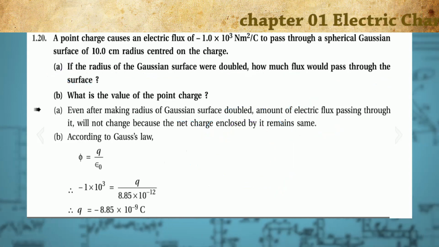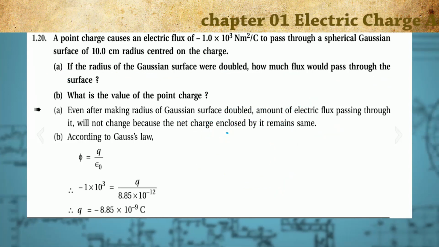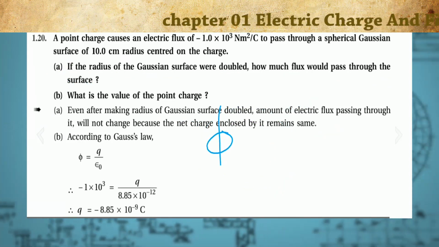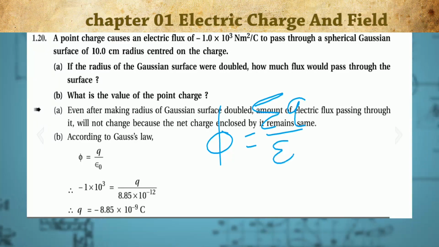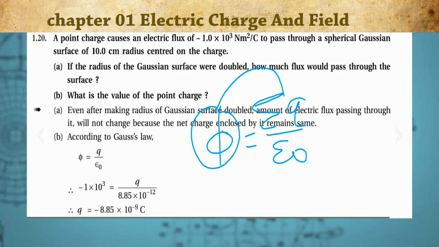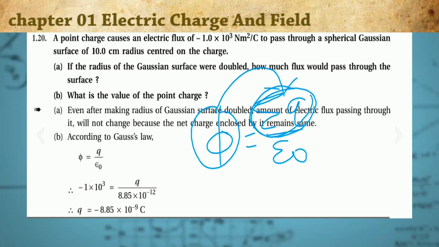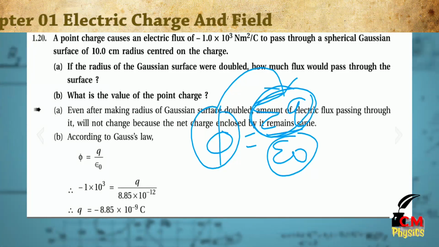It is a simple question based on the Gaussian theorem. Phi is equal to sigma q by epsilon 0, meaning flux depends on the total charge enclosed within the Gaussian surface divided by epsilon 0.